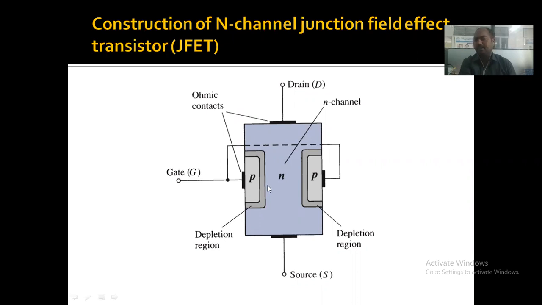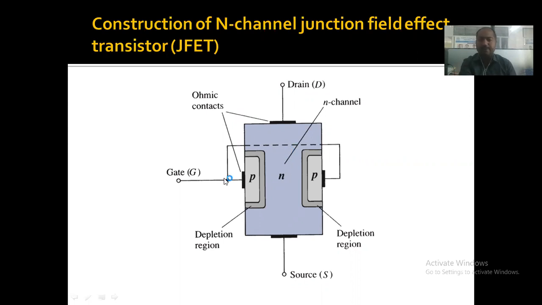It is basically a p-n junction diode, so the smallest depletion layer forms, the electrons get the largest path, and the current flowing is the drain current ID.